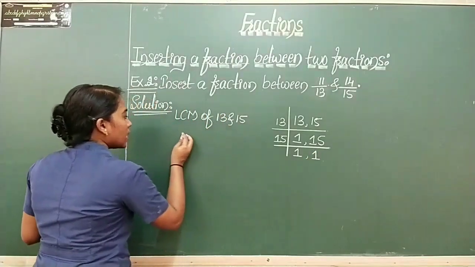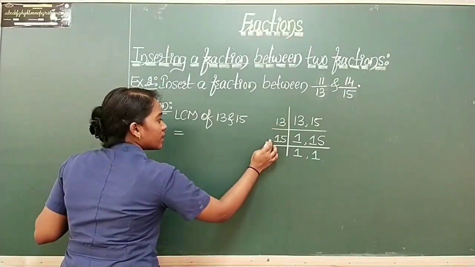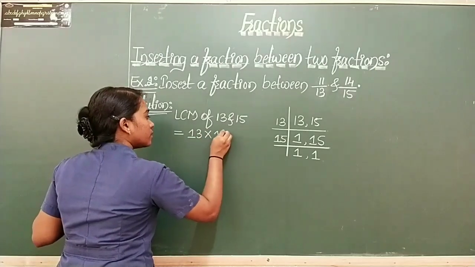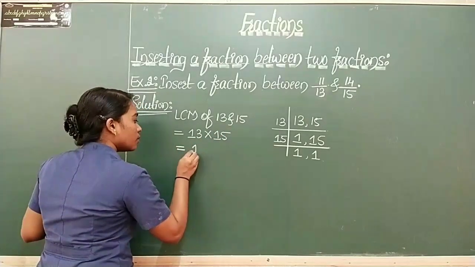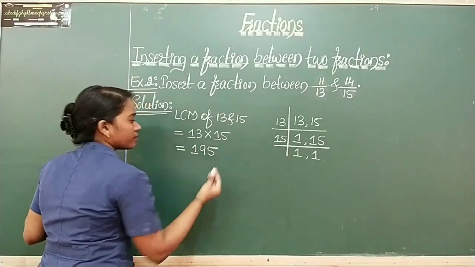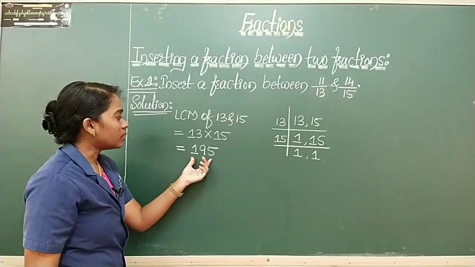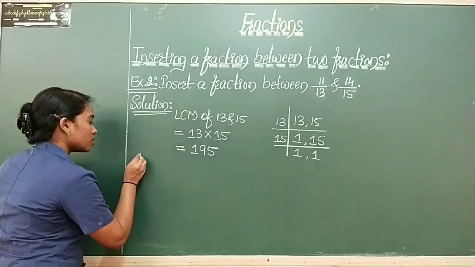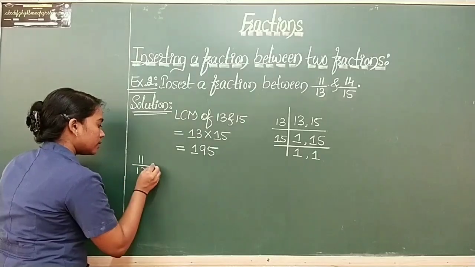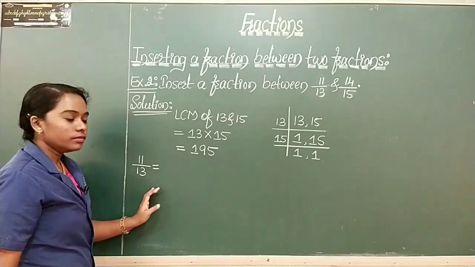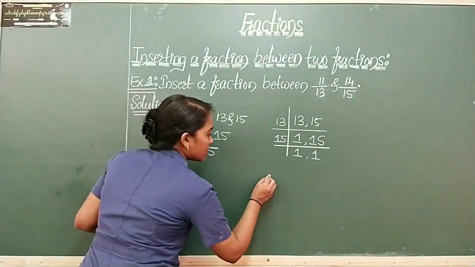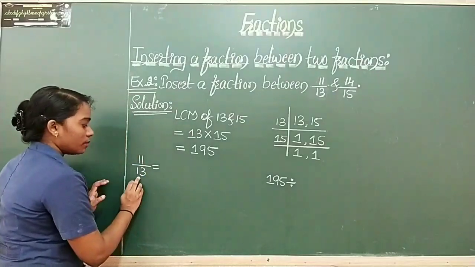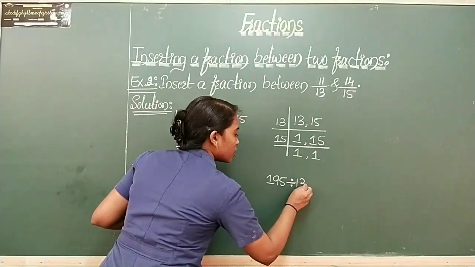LCM of 13 and 15: just multiply these two numbers, 13 into 15. Here we get 195, which is our LCM. Now take the first fraction, 11 by 13, which is equal to, take the LCM 195 and divide it by the denominator of this fraction.